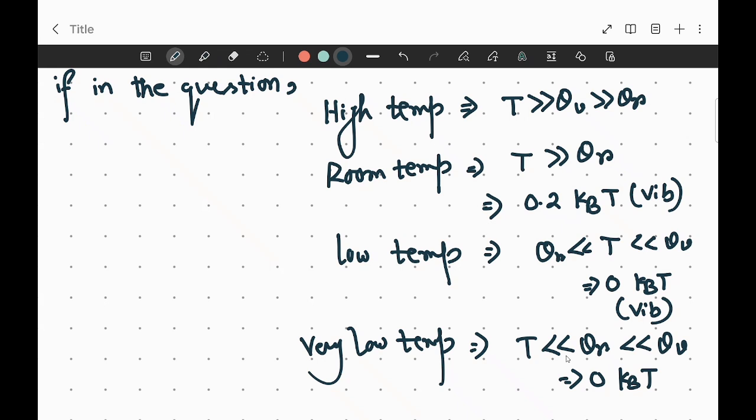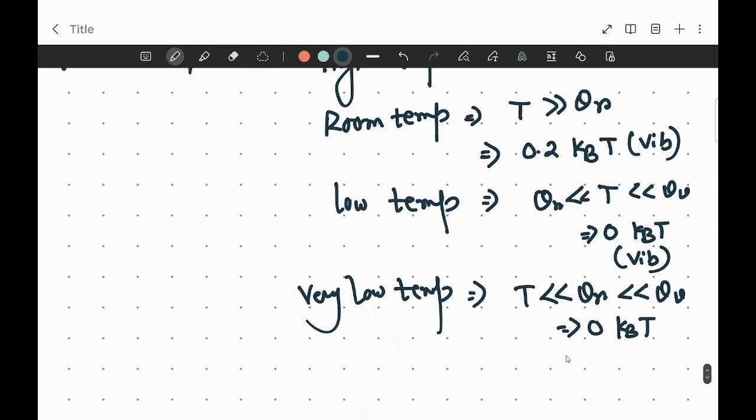Because if translational energy levels are not occupied, that means all molecules are in the ground state of the translational energy level. Then there will be no Maxwell distribution, and that means the temperature is 0 Kelvin. And a gas molecule can't go up to that; before that, it will be liquid or solid. So we are discussing all these things only when it is gaseous, not liquid or solid.